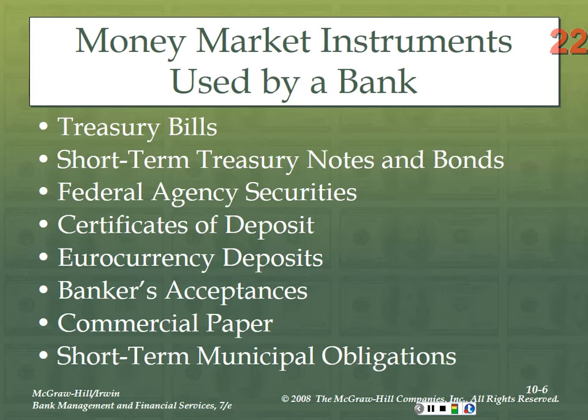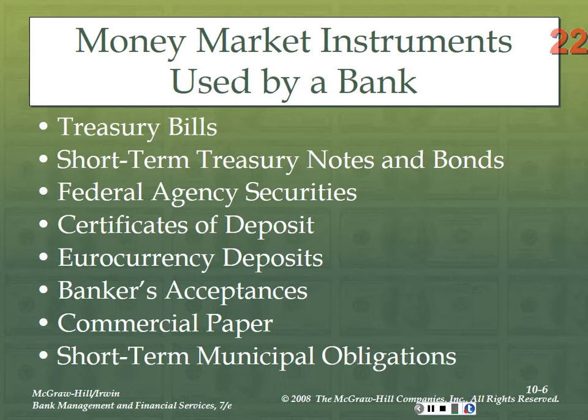Also, short-term Treasury notes and bonds. So these could be, for example, a bond that's going to mature in a year. So that would fall into this category. Federal agency securities. We talked about this in Chapter 9. So Ginnie Mae, Freddie Mac, any of those government securities.